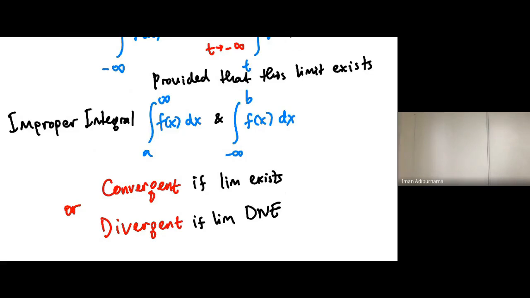For example, if you are evaluating both of these cases, maybe I get some finite number for this part, but for this part you get maybe infinity. Your conclusion is divergent.